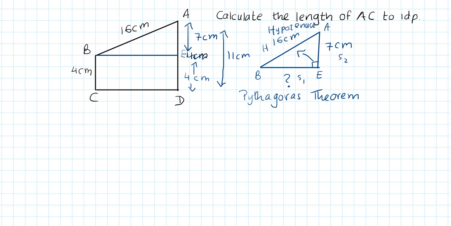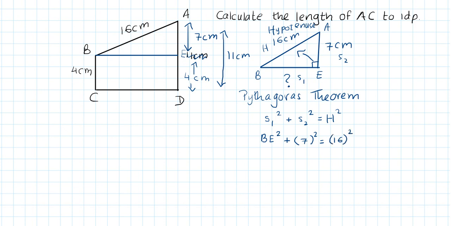Remember, side 1 squared plus side 2 squared is equal to h squared. What's side 1? It's BE, so I'm going to write BE squared, plus what's side 2? It's AE, which is 7 centimeters, so 7 squared, is equal to 16 squared, the hypotenuse.